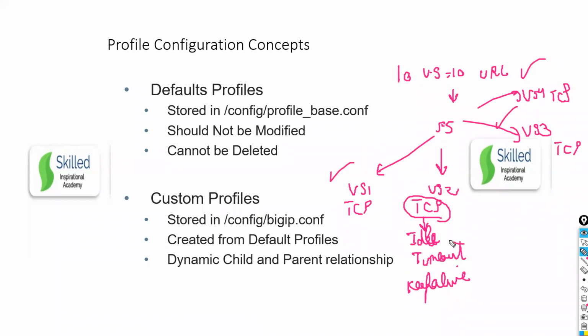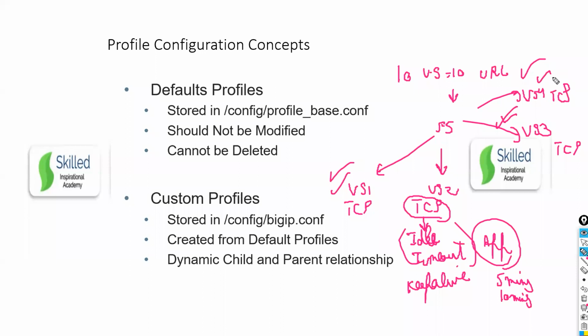Let's say for only one URL I want to increase the idle timeout. One application has an idle timeout of 5 minutes by default. I want to change it to 10 minutes. But this application I don't want to change, this application I don't want to change, and this application I don't want to change.